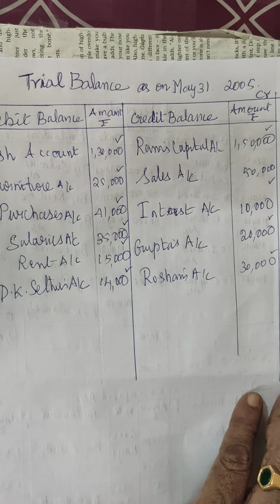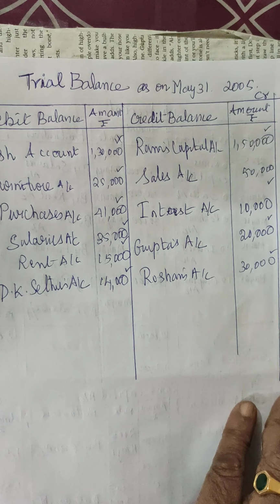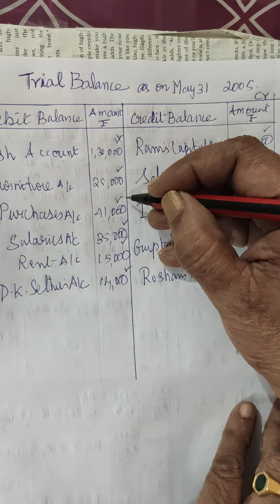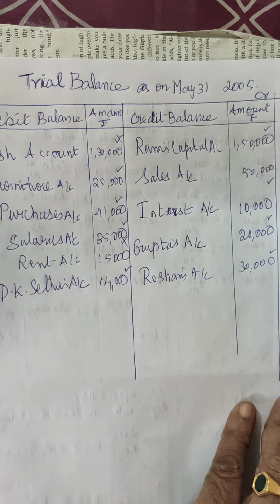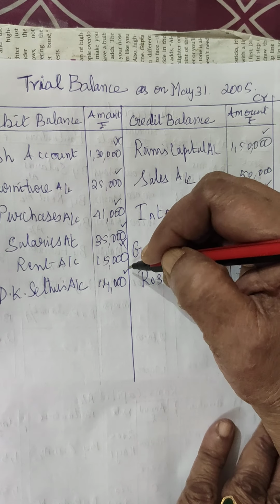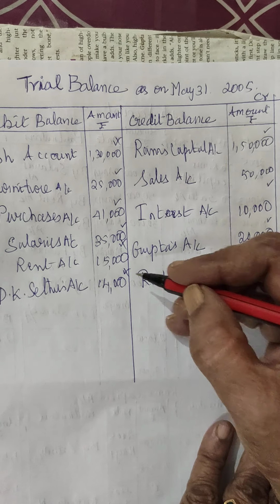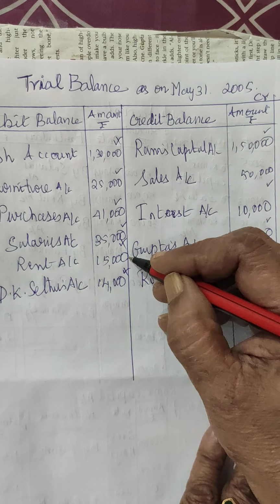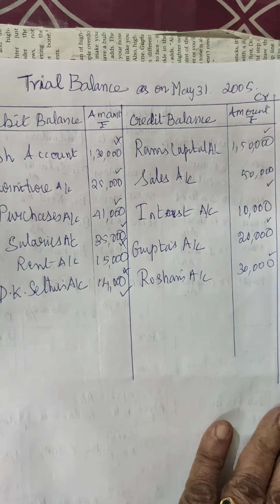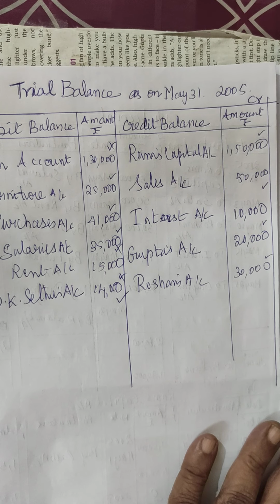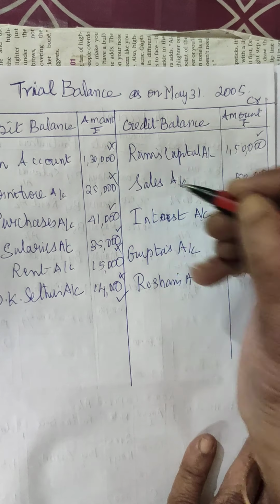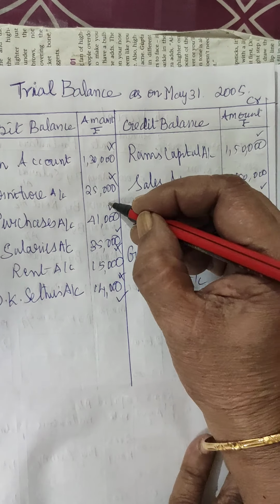1,30,000 plus 35,000 plus 15,000, then 14,000, then comes 25,000 furniture account, then purchase account 41,000.